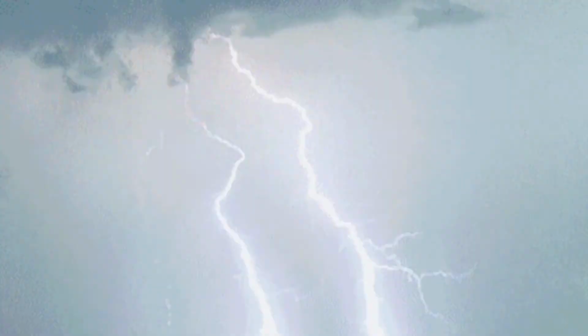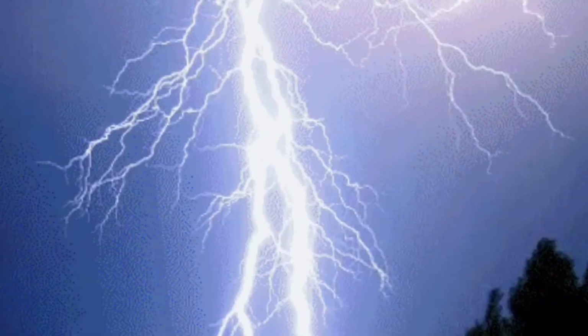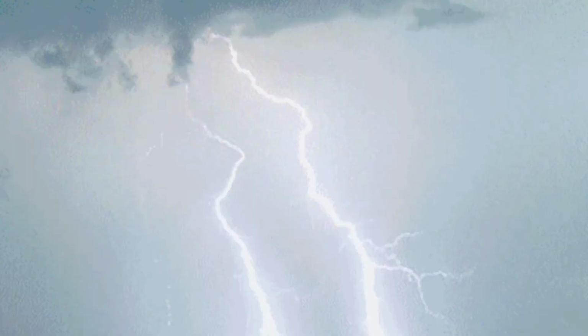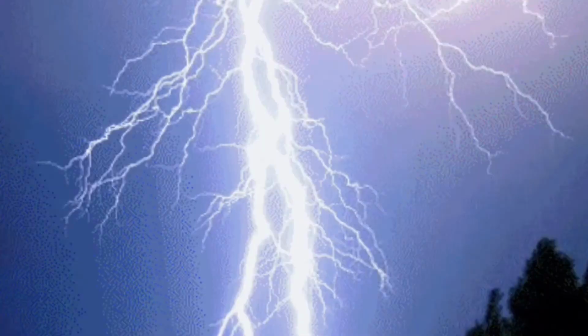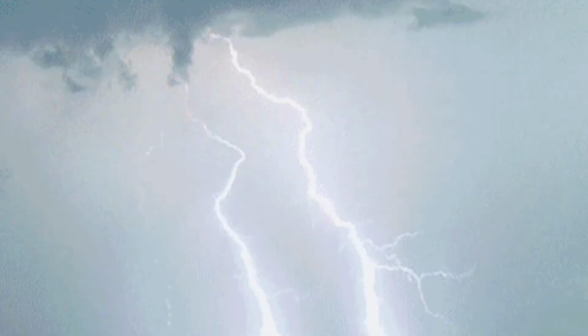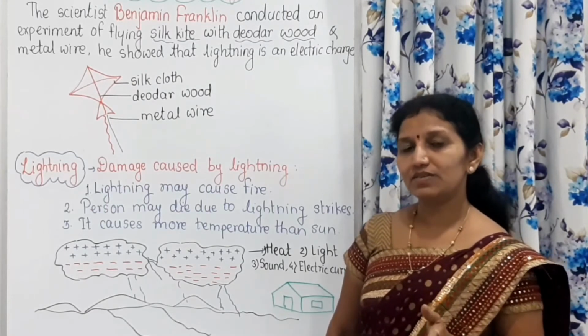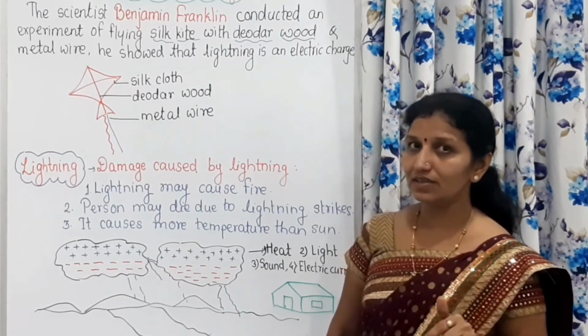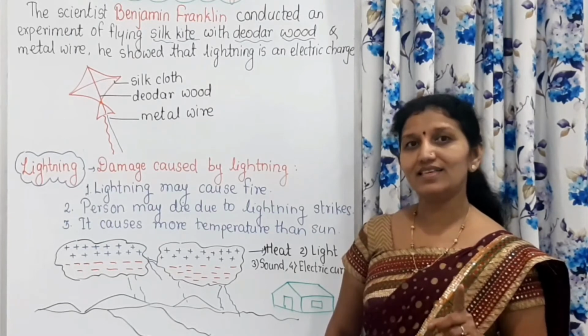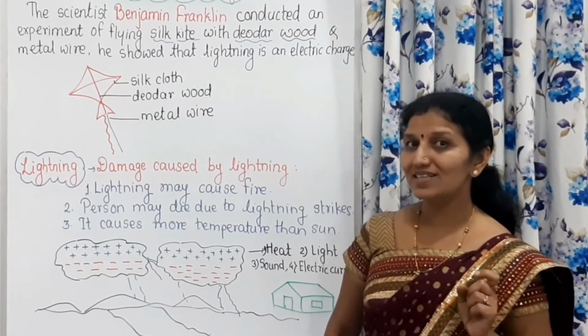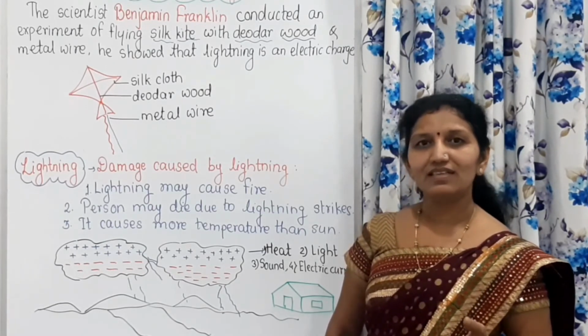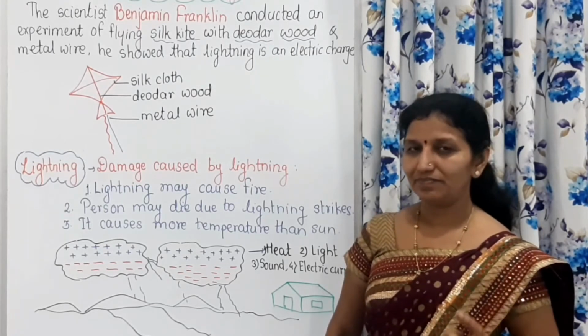And at that time, the nitrogen in the air mixes with the oxygen, and there is formation of nitrogen oxide. This nitrogen oxide gets mixed with the water and reaches the earth, and it increases the fertility of the soil because the soil gets nitrogen.